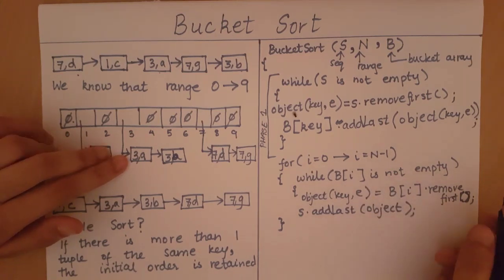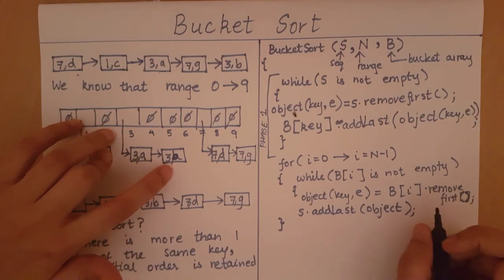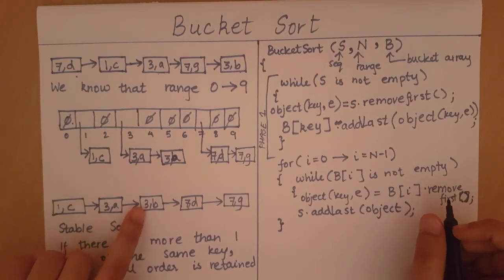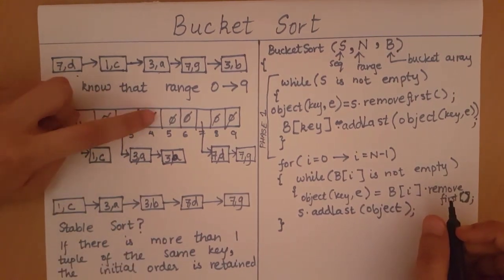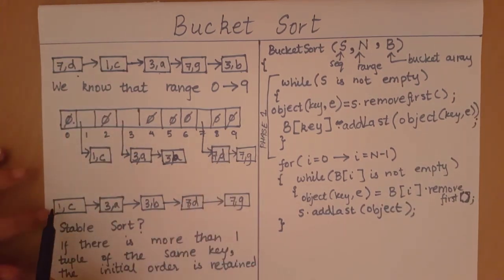B of 3 is still not empty because 3 comma B is still there. So 3 comma B still exists. So we remove this from that and we add it to the end. Now B of 3 has become empty and we go to the next one.